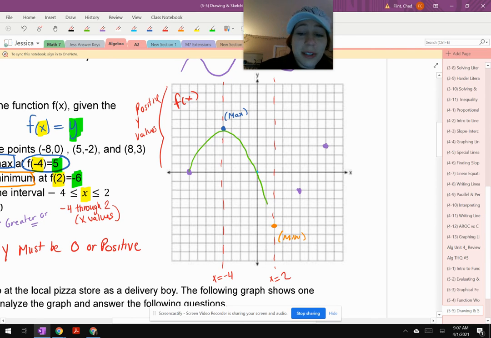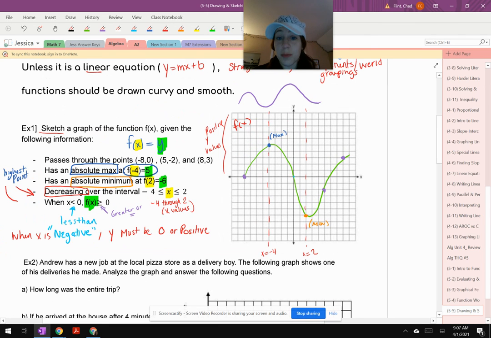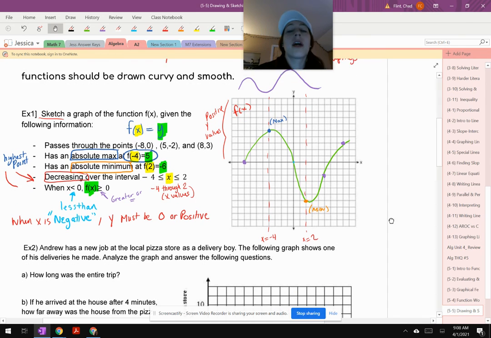It may take you a little while. See, that's not good either, because see how I'm not exactly touching that point? You would lose credit for that. So try again. Okay, that's good enough. Notice how it's curvy and smooth. I didn't just straight up connect the points that way. Garbage. Don't do that. Curvy and smooth.